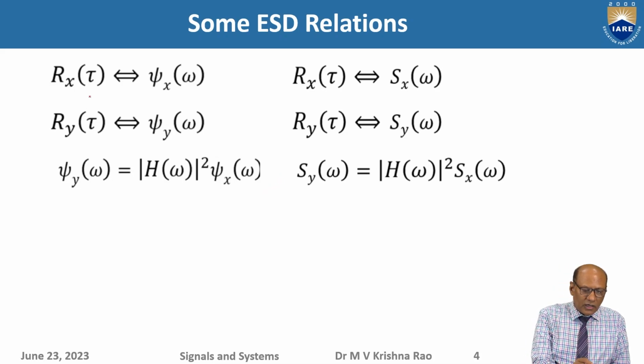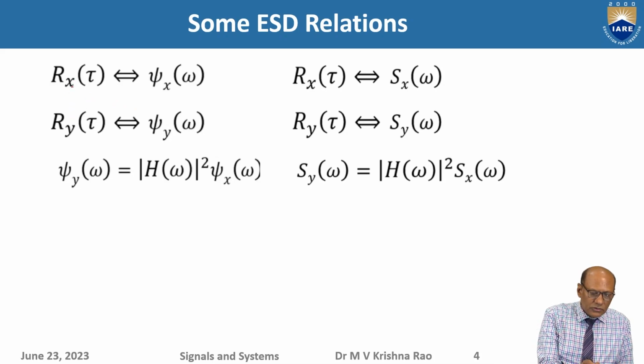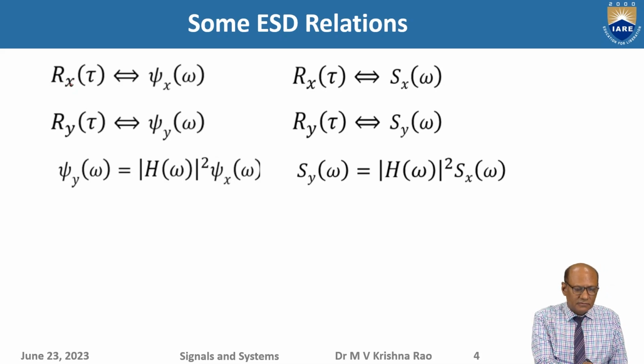So here is the autocorrelation function of the input. In these equations I think instead of double x I used only x, because I already had these equations.